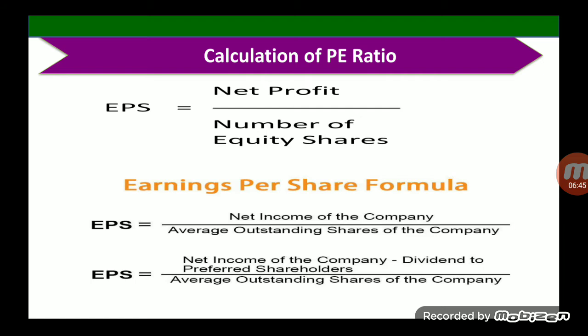In the other way, we can calculate EPS as net income of the company minus dividend to preferred shareholders, divided by average outstanding shares of the company. Who are preferred shareholders?